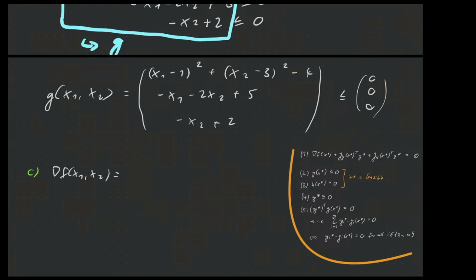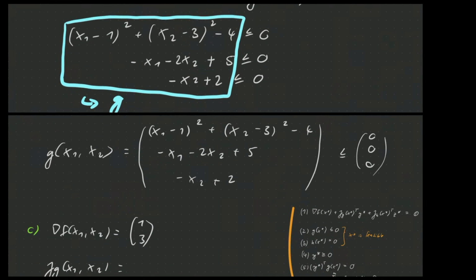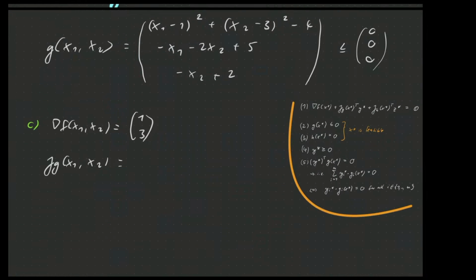Let's see, x1 plus 3x2, so differentiating with respect to x1 yields a 1, and x2, that yields a 3, so we have a constant gradient here. And for the Jacobian of g, this is what g looks like here. So we just differentiate each of those rows separately with respect to x1 first, and then with respect to x2.